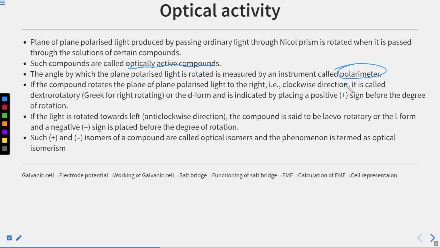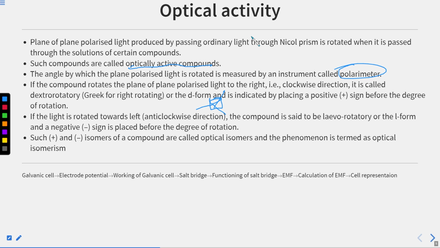Now there are two conditions. Suppose this is our solution, and light is coming. This light can deflect towards us or away from us. Suppose you are seeing this, the light is coming from here and passing through.